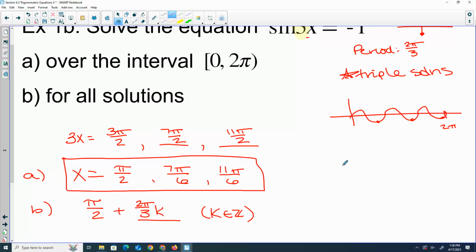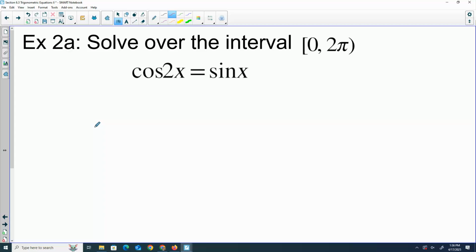All right. Let's do another. Okay, this is a problem because we have 2 different trig functions.